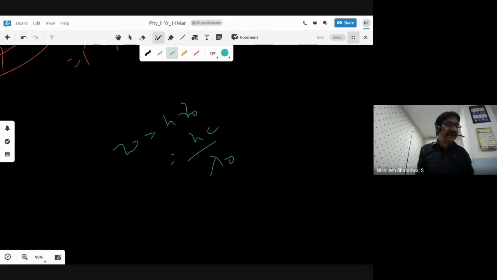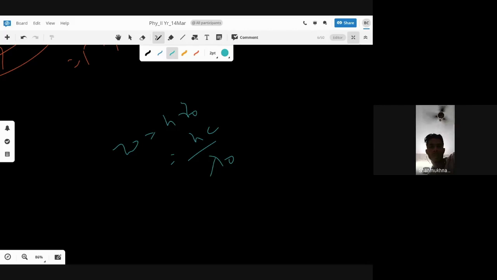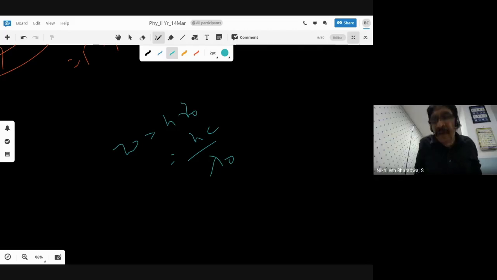State Heisenberg uncertainty principle. You might have come across this even in chemistry. It is impossible to measure both position and momentum of an electron simultaneously, at the same instant.